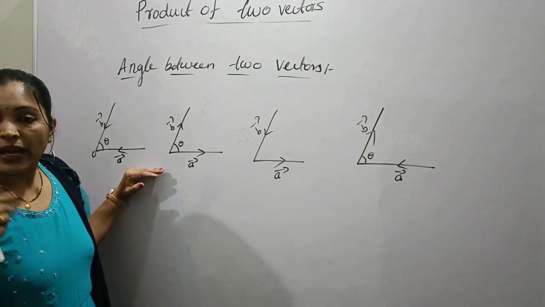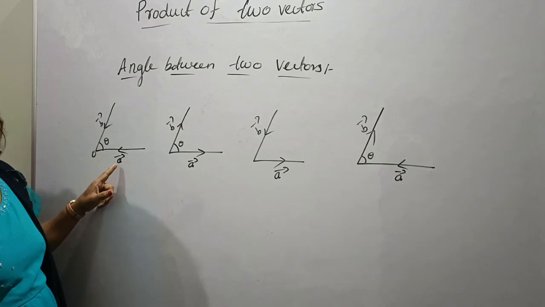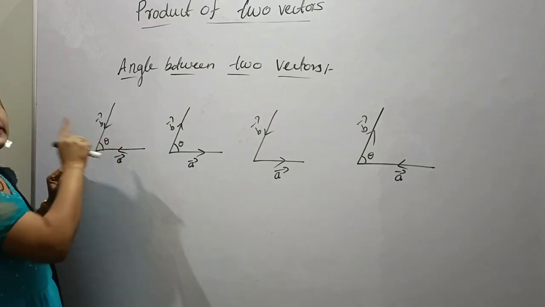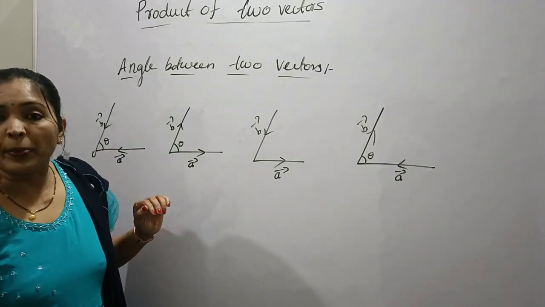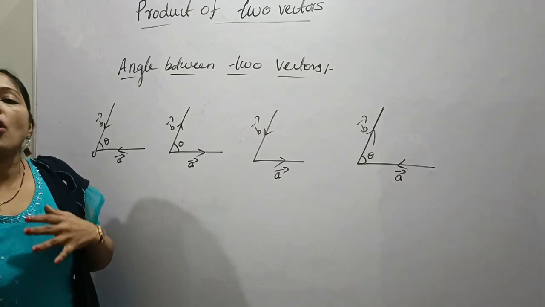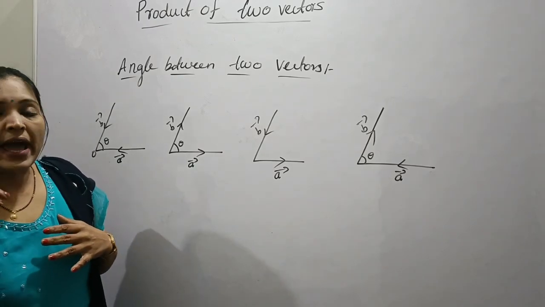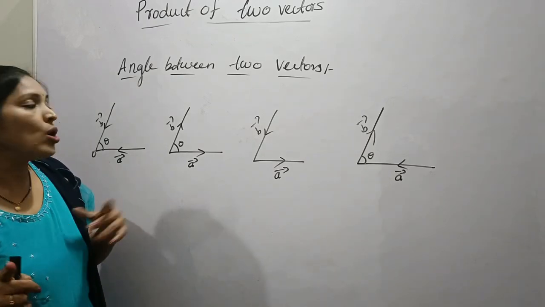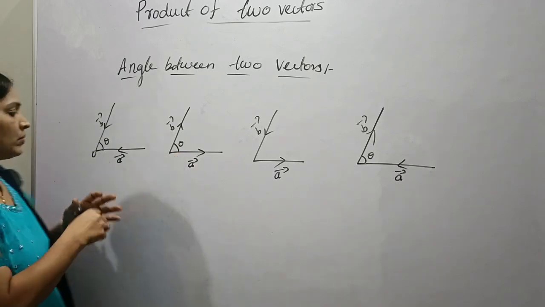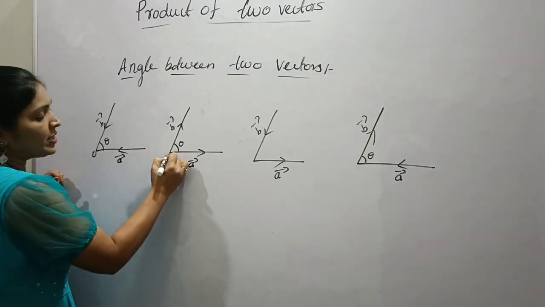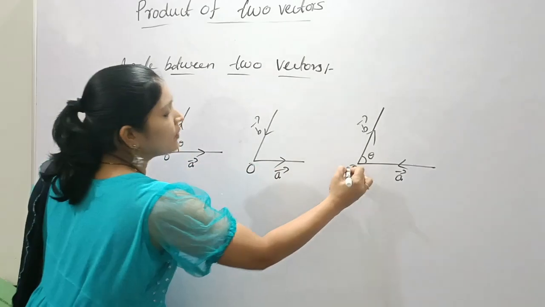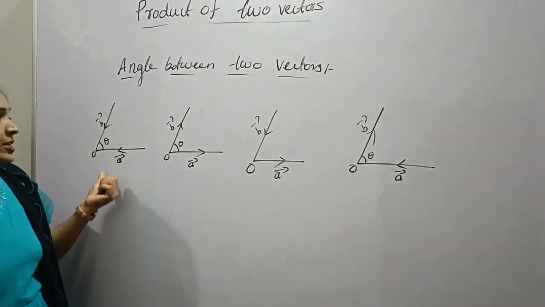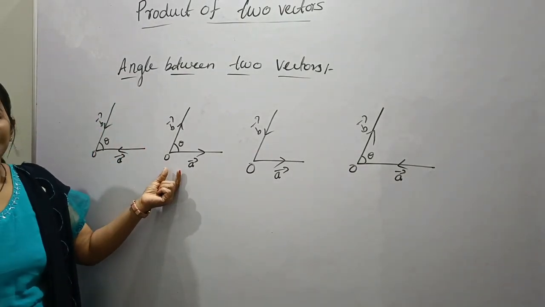Here, the directions should converge to O or diverge from O, a point. Converge to a point or diverge from a point.